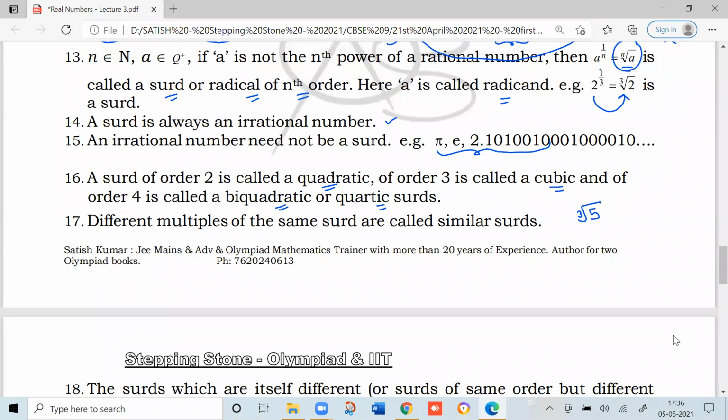Cubic surd. What is this surd? Quadratic. What about this? Biquadratic, or quartic. Now after 4, there is no specific name, so we can say surd of order n.